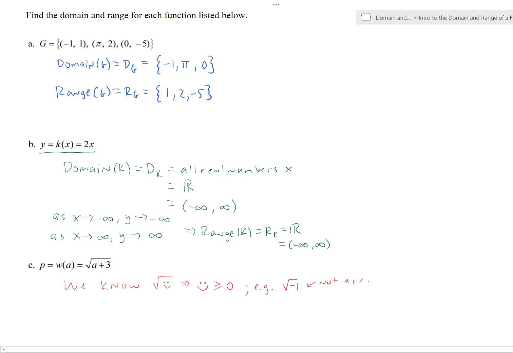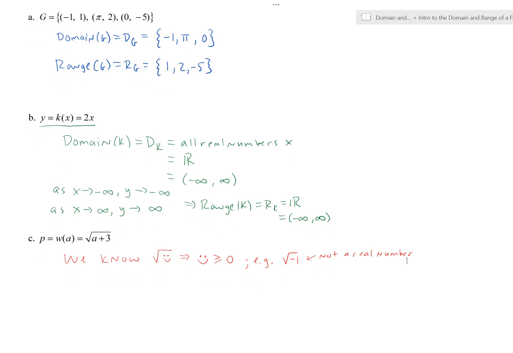It ends up that it is a complex number, and again, we're assuming only real valued functions. There's no number such that when I multiply it by itself, I get a negative 1, which is real. So that's a whole different discussion, which we will have another video on at some point. That is complex numbers. So here we cannot have anything inside the root be negative in order to be defined to be real.